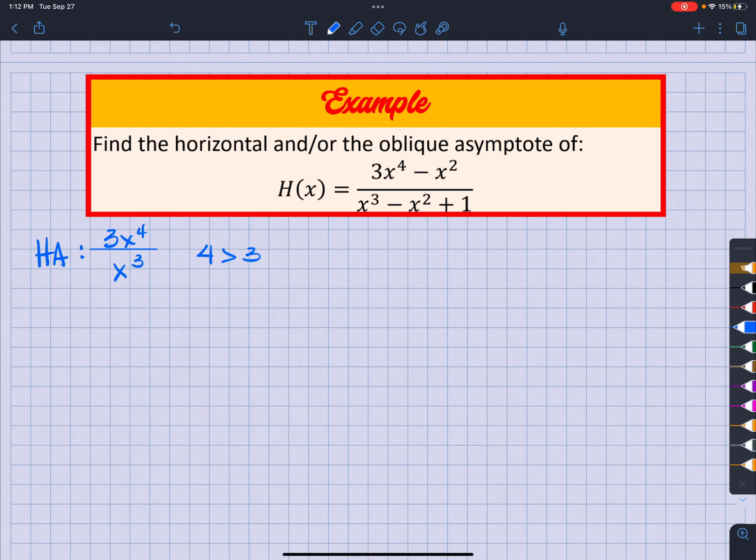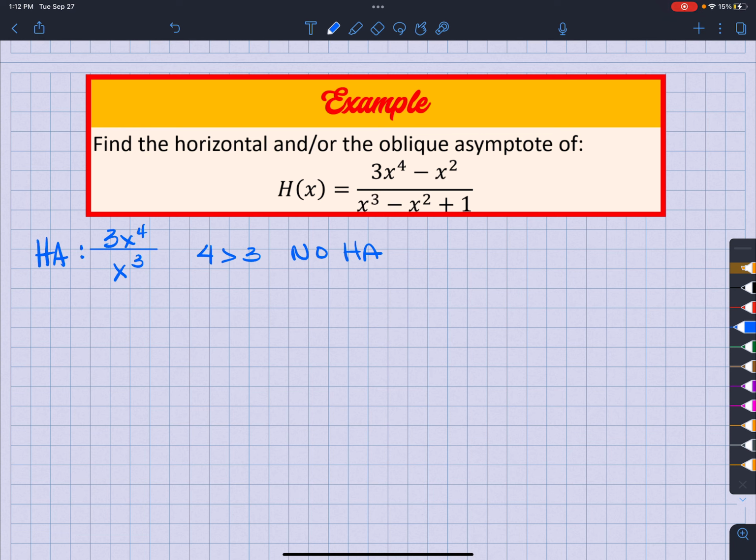If that is the case, we have no horizontal asymptote. The only time we do is when the power on top is less than the power on the bottom, or the same as the power on the bottom.